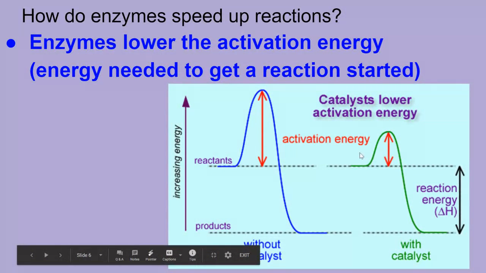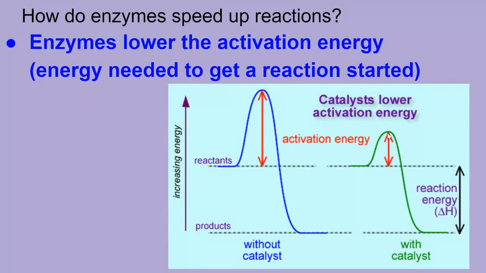But with a catalyst, look here, you can see that from the reactants to get to the products, it actually is a smaller hump. It takes less energy and, in other words, also less time to get the reaction going and have the reaction. So with an enzyme, which is a catalyst, it will take less time and less energy to get a reaction going.